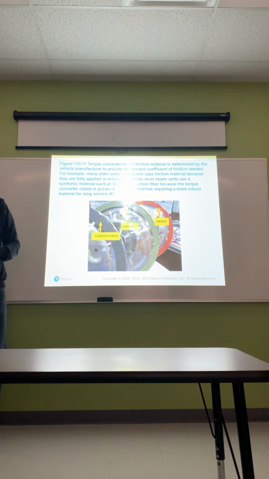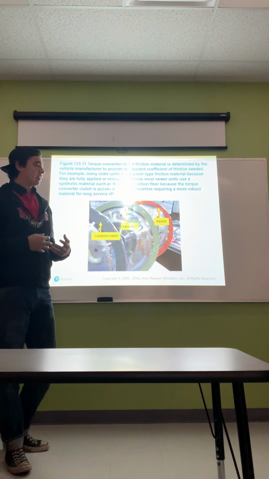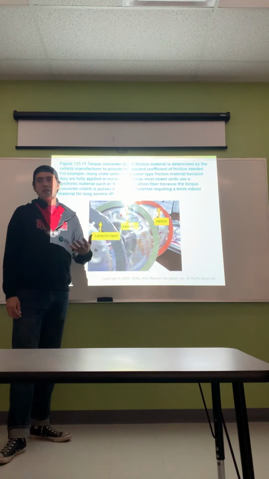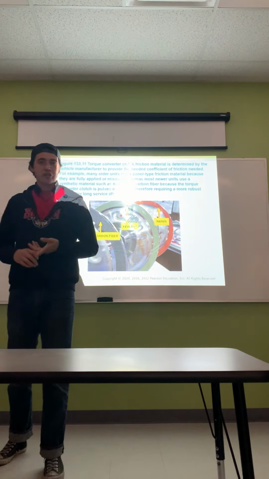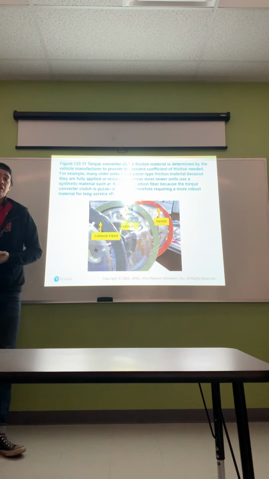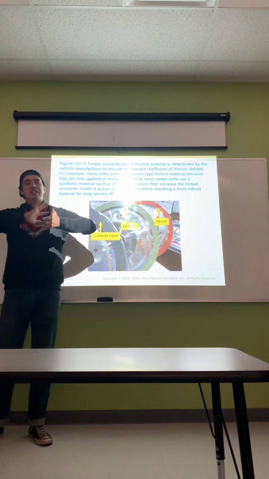Like I said, we have different scenarios and different driving habits and climates, and everything's going to change as far as temperature, as far as load being applied to the transmission and the engine. So we have different materials that we can use for engaging and disengaging.